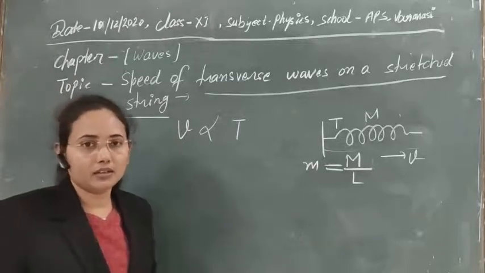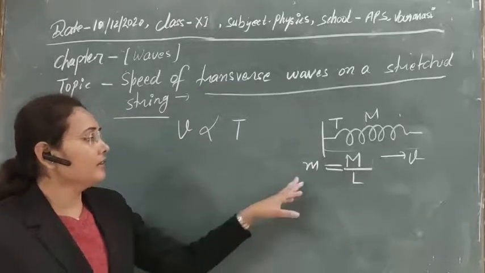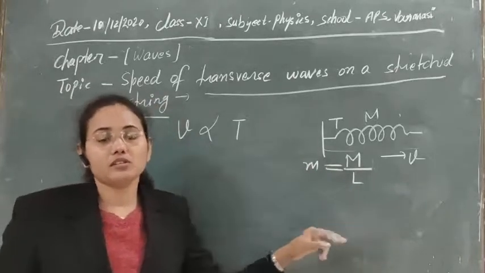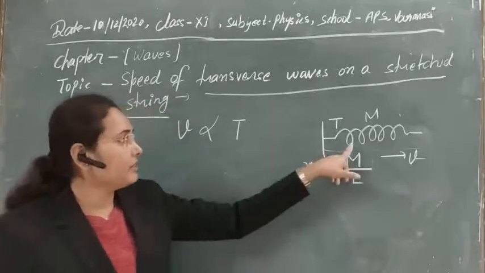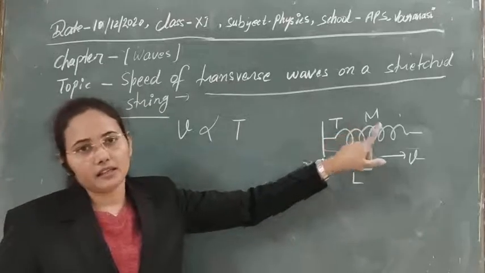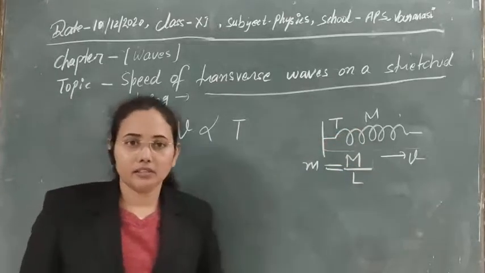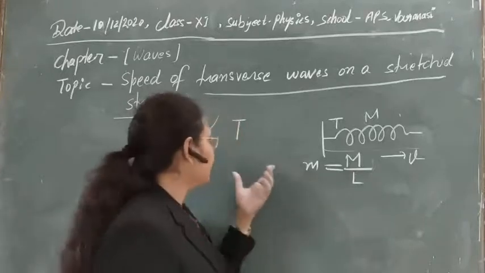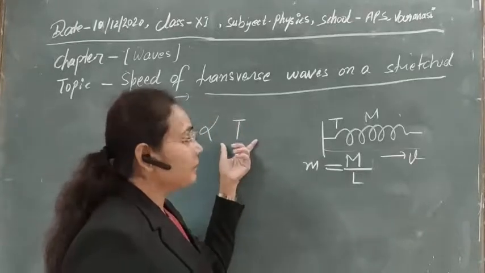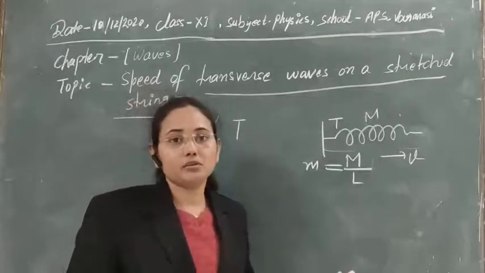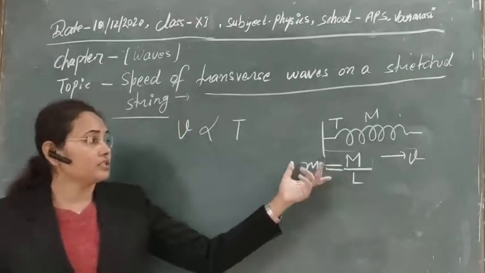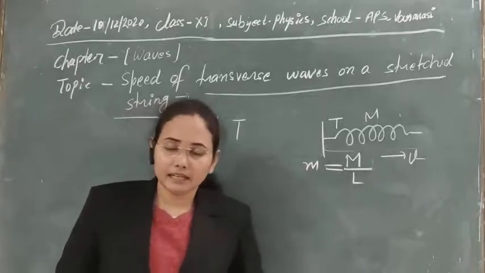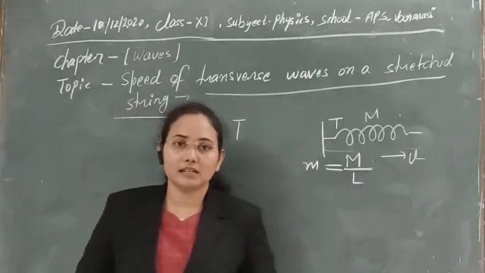Whenever the mass per unit length changes, the velocity will change accordingly, and whenever the tension in this spring changes, the velocity will change accordingly. So whether it is directly proportional to tension or inversely proportional, or directly or inversely proportional to the linear mass density, let's see, and we can derive this by using the dimensional analysis formula.